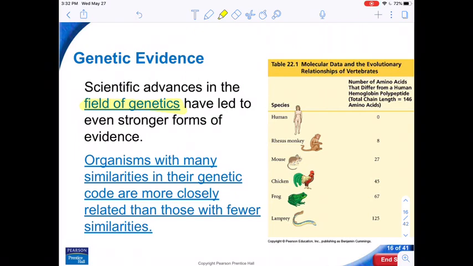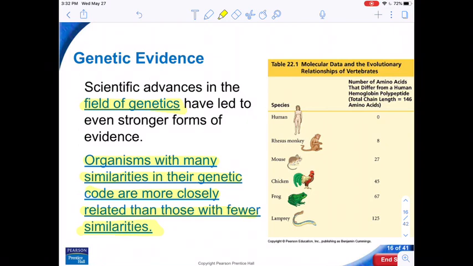The way that genetic evidence shows evolution is that organisms with many similarities in their genetic code are more closely related than those with fewer similarities. So we can actually analyze our relationship to other living things based on the amount of differences we find in the genetic code. And that's what this data table is showing us on the right.